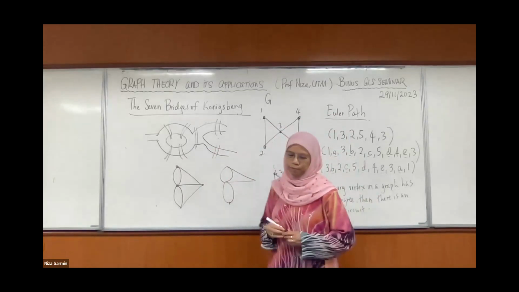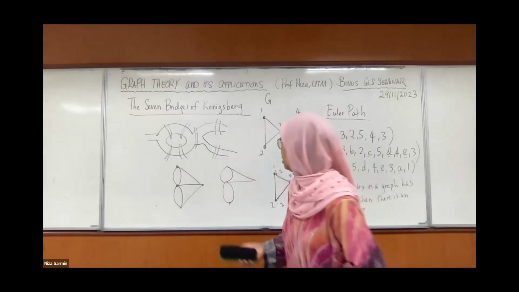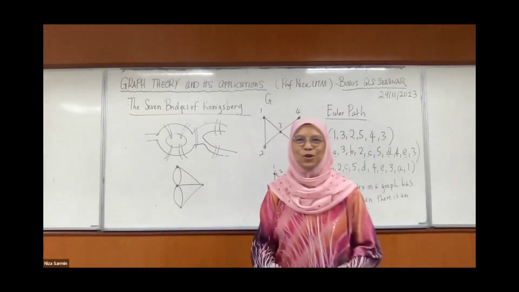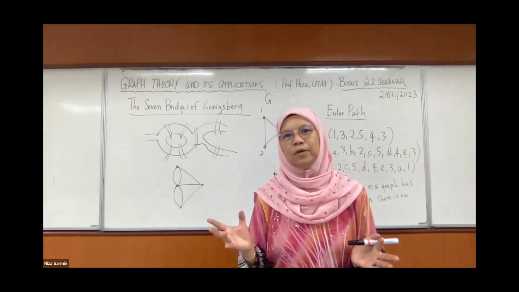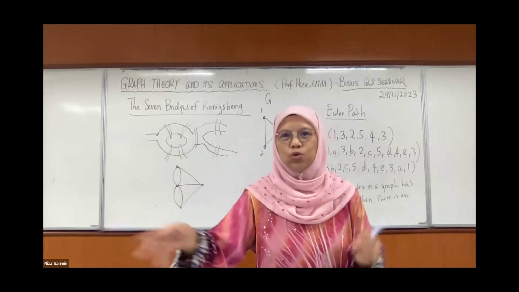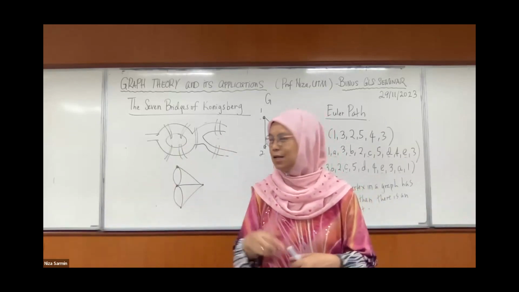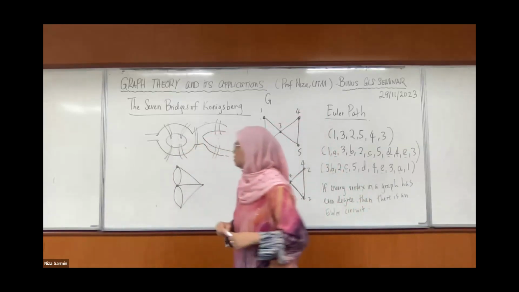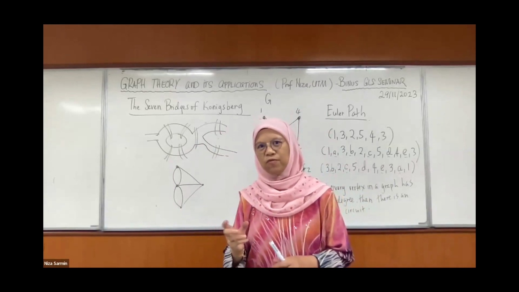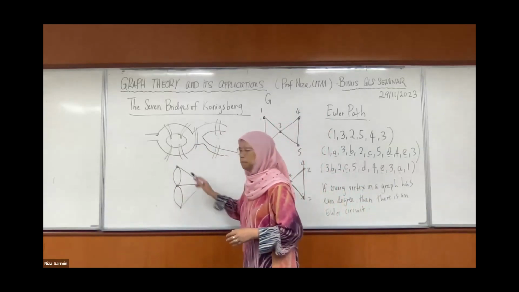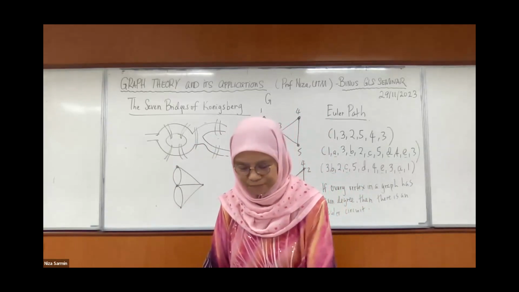So the answer is, it is not possible. In real life, you don't have to go back and forth through the bridges in the island. There's one island here, the city. You can just model it through a graph, and by the property, you can show this is not possible.